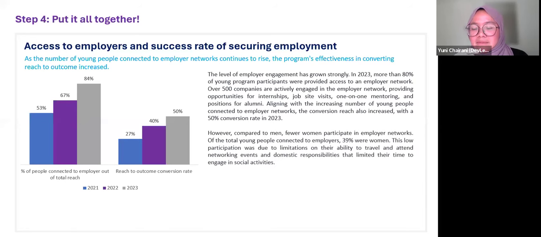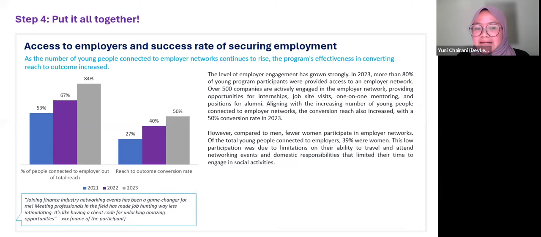And then the message about women. However, compared to men, women access less, because they have limitations on time, limitations of mobility, and additional domestic tasks they are responsible for. So the rate of women accessing this network is less than men. And I add a participant quote from my interview.